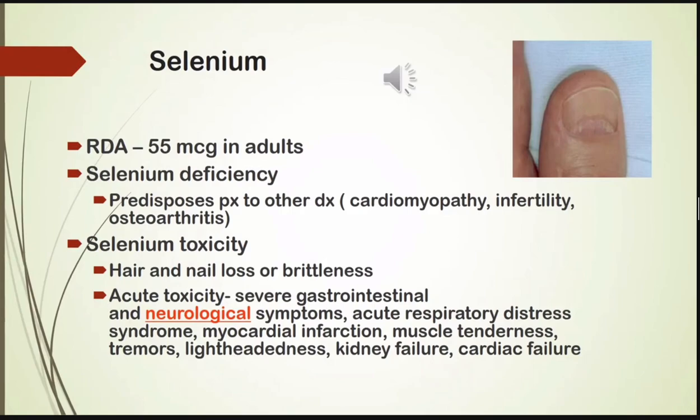The RDA for selenium is about 55 micrograms in adults. If a patient has selenium deficiency, this can predispose him to other diseases like cardiomyopathy, infertility, and osteoarthritis. If you've taken too much selenium, you can have hair and nail loss or brittleness.